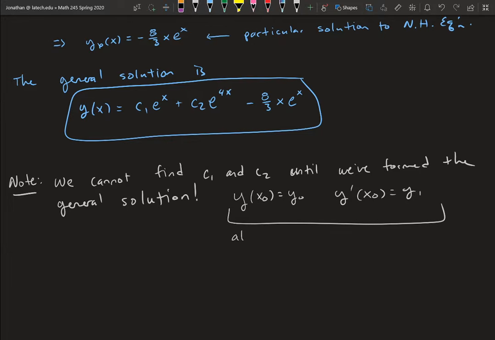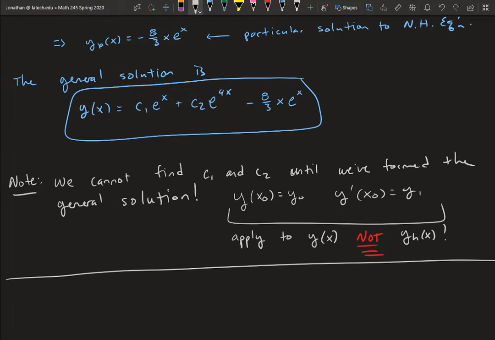These apply to y of x, not yh of x. So very important, if you do have initial conditions, you can solve for C1 and C2, but you have to do it after you have added the particular solution, because those initial conditions are applying to the function y, not the homogeneous solution.